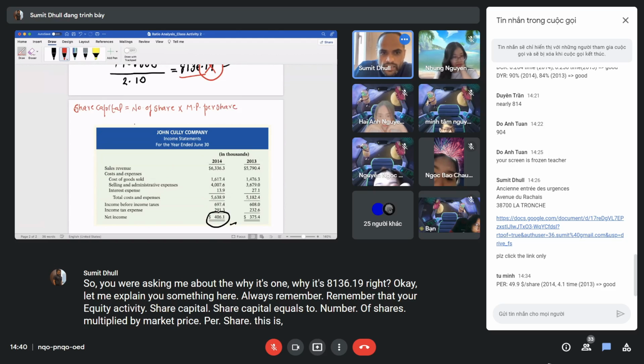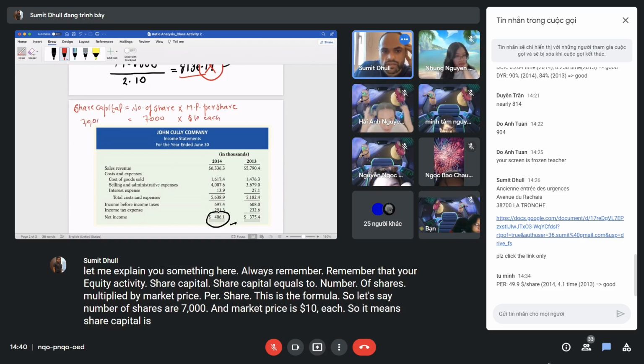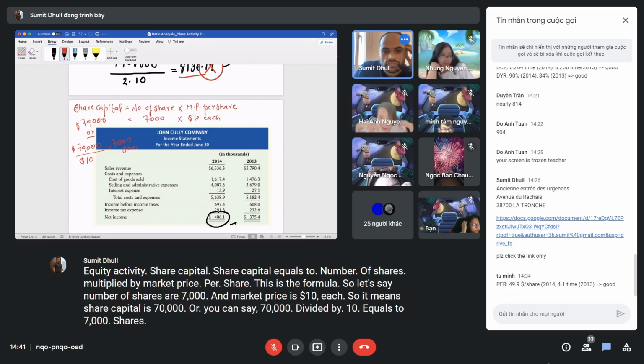This is the formula. So let's say number of shares are 7,000 and market price is $10 each. So it means share capital is 70,000. Or you can say 70,000 divided by 10 equals 7,000 shares. So what exactly are we doing here?